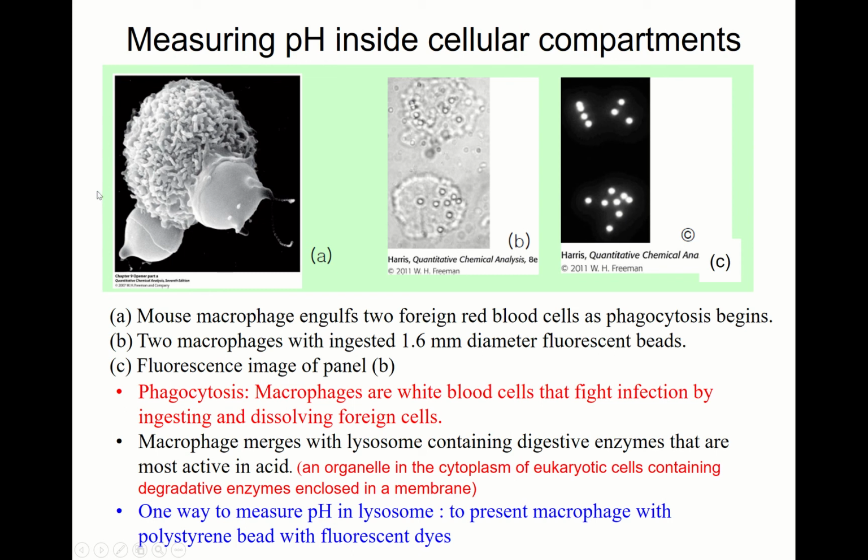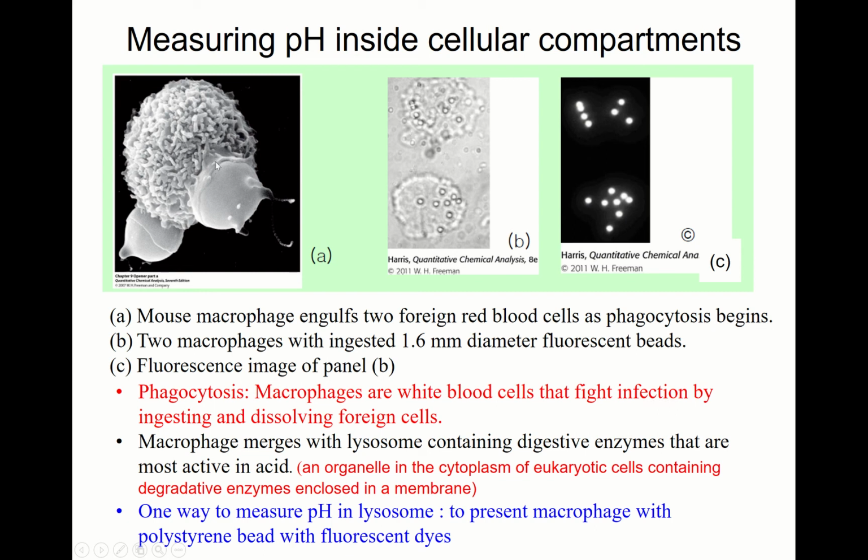As you know, when a foreign species enters our body, our immune system works. This macrophage is a white blood cell, and it fights infection by ingesting and dissolving foreign cells.